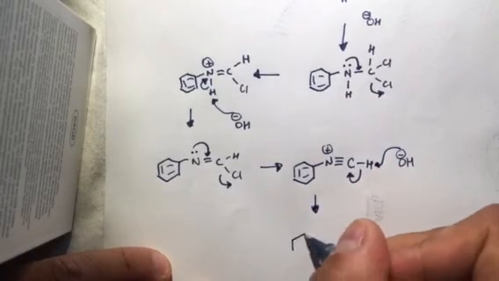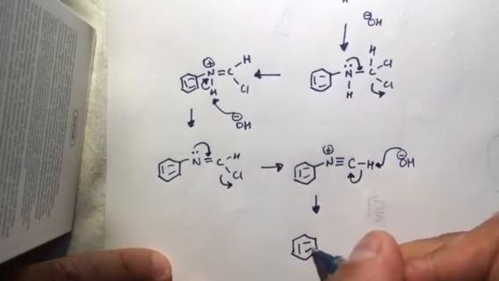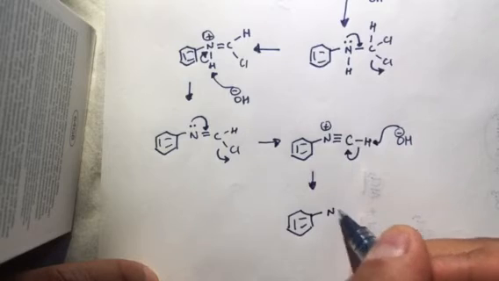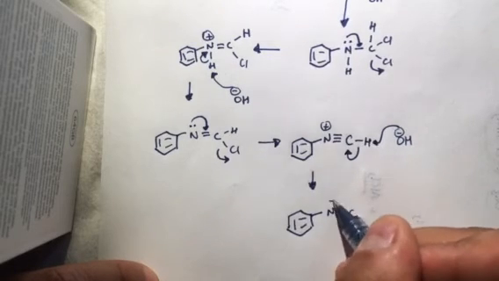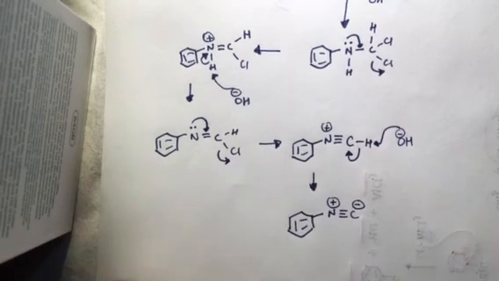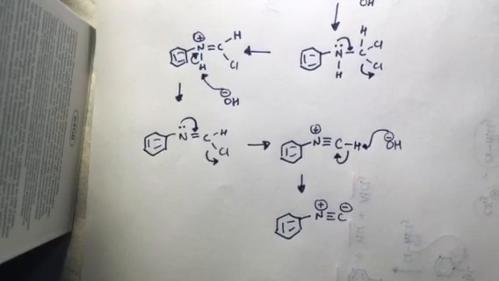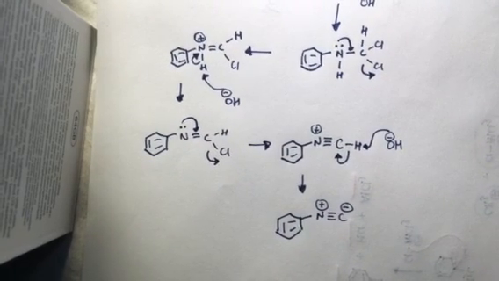So our final answer is this. This is what we wanted. We wanted this alkane isonitrile. And that's it.